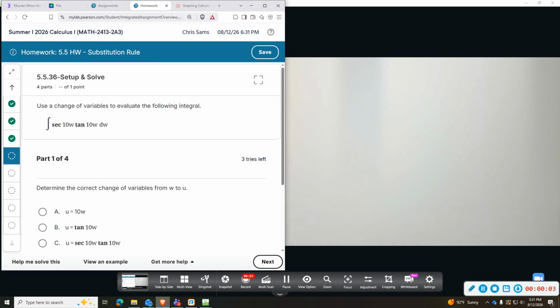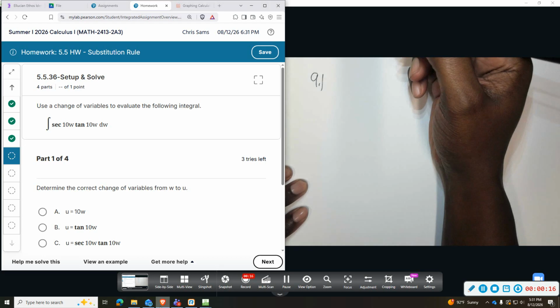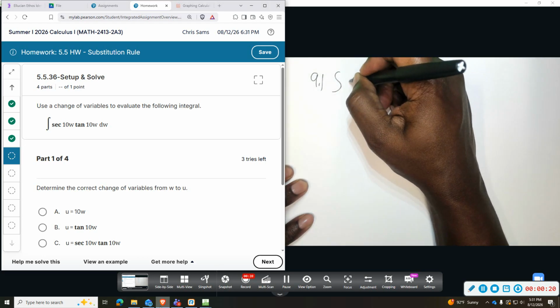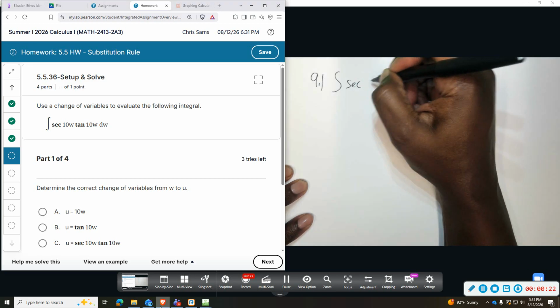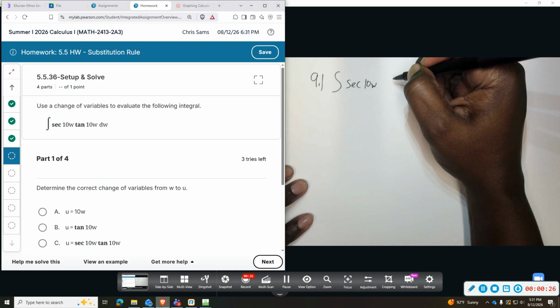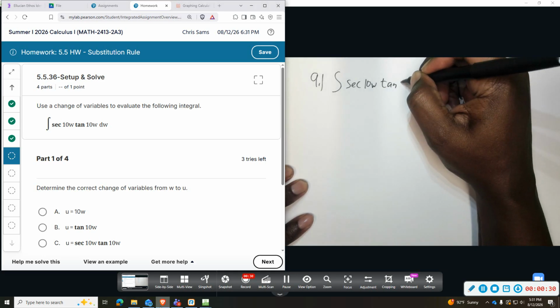All right, number 9, we're going to use a change of variables to evaluate the following integral. So here sometimes you want to be a little bit more cautious on trying to figure out what you want to let u equal to. We are taking the integral of secant 10w tan of 10w.